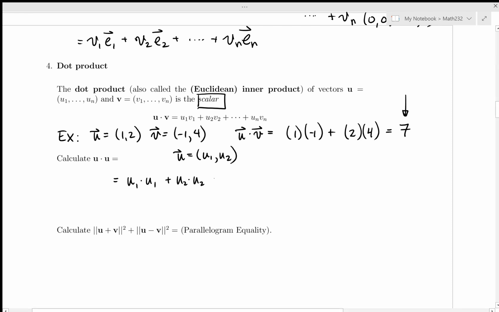And that is going to be equal to u1 squared plus u2 squared. And you will notice that that is the norm of u squared. Okay, so we could rewrite that like this. The norm of u, take the square root of both sides, is equal to the square root of the dot product.